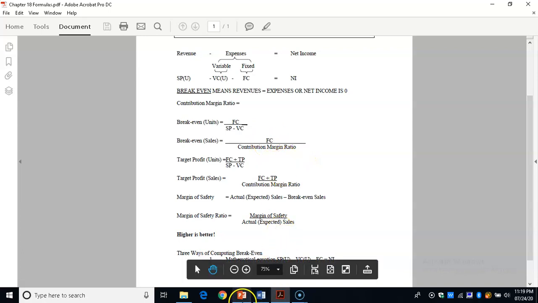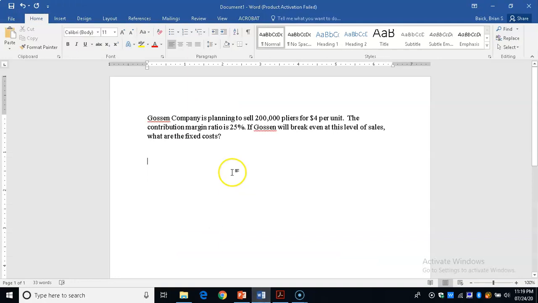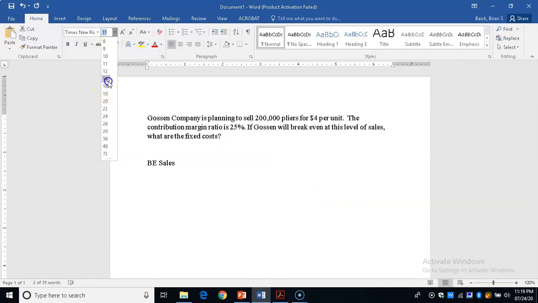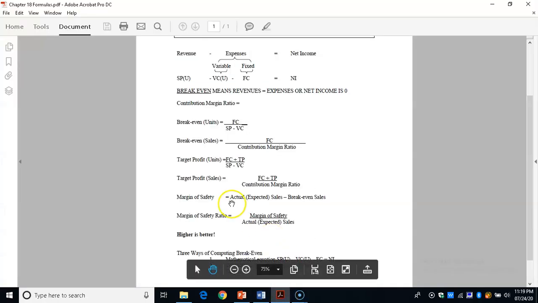So let's do it. Here's the problem again. So we have break-even sales. The formula is fixed cost divided by contribution margin ratio. I got that from right here. Break-even sales equals fixed cost over contribution margin ratio.